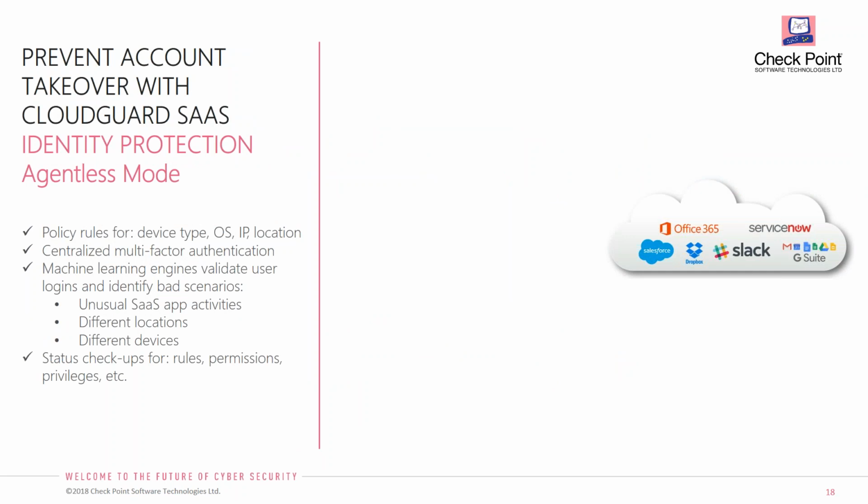As we said, there is also an agentless mode. And in this mode, you can define your own rules for the type of device, the operating system, maybe IPs or locations that you might be signing in from or using.